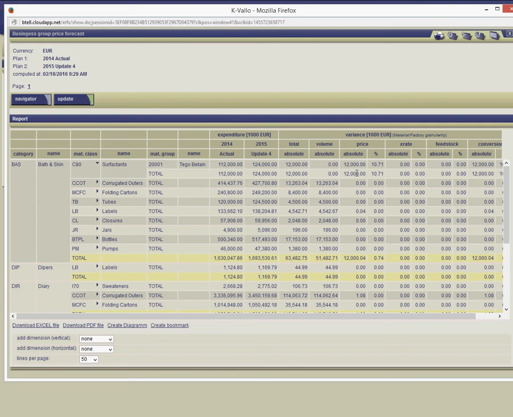We've increased the price for 2015 update 2 from quarter 2 onwards, and the total impact is 12,000 euros.